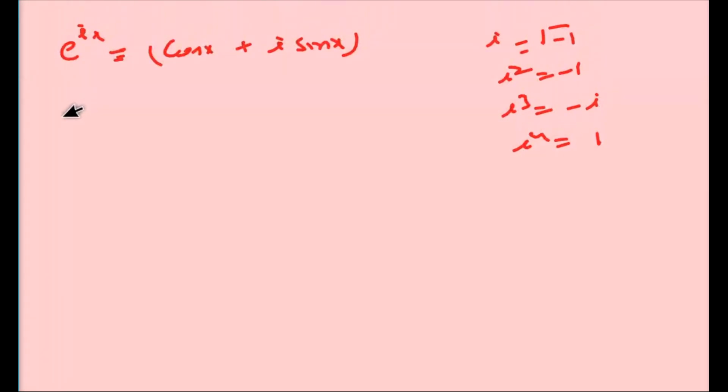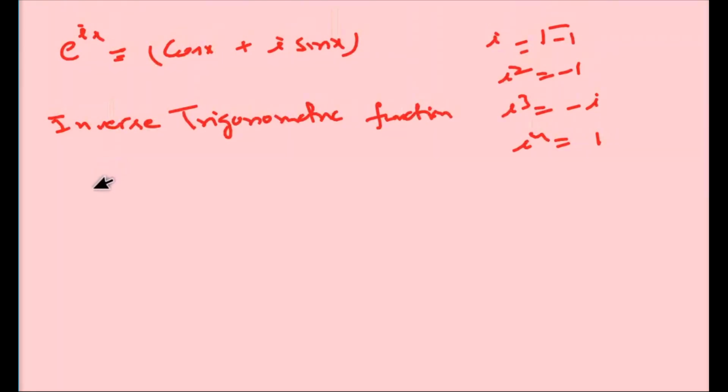Okay, so inverse trigonometric functions, you should learn this formula. The limit as x tends towards 0 of sin inverse x upon x is equal to 1. Now we are going to prove it.